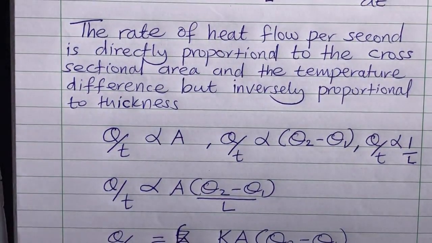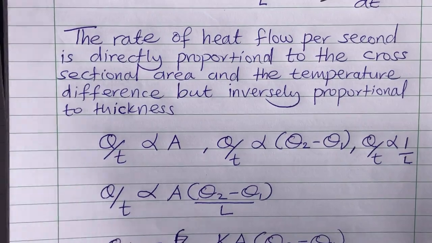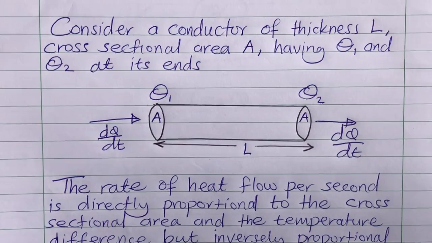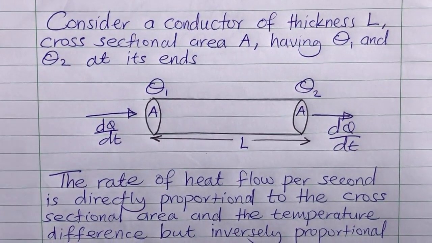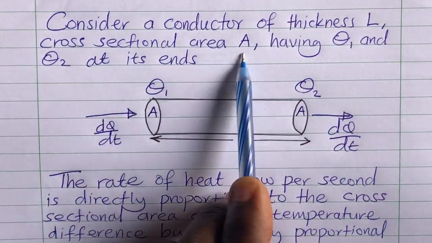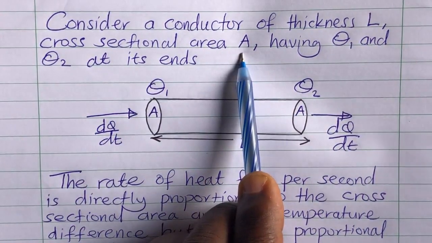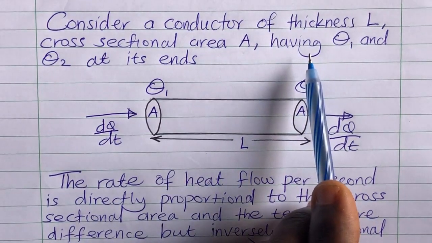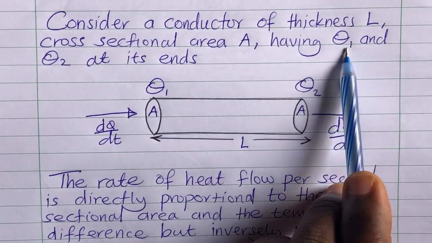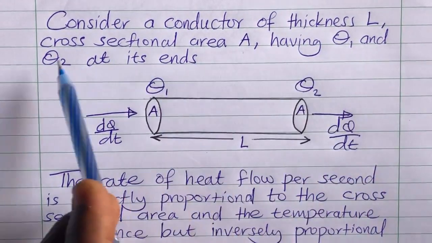So, we shall consider a conductor of thickness L, cross-sectional area A, with its ends kept at temperature theta 1 and theta 2.